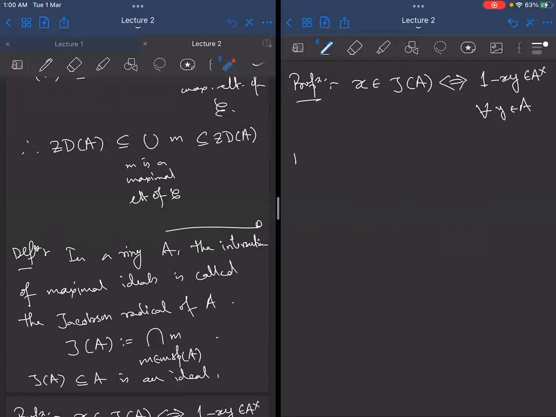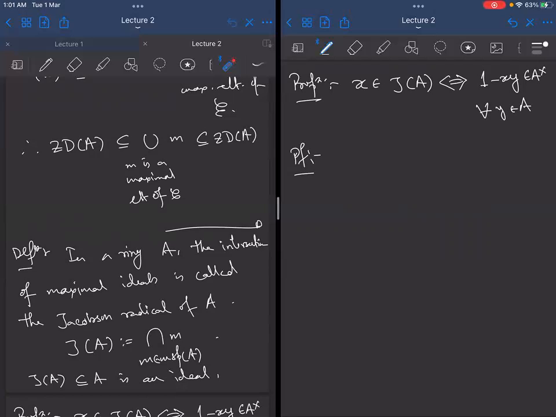Okay. So the proof, one part is very simple. If x belongs to the Jacobson radical, that means x belongs to every maximal ideal. Now, suppose some 1 minus xy is not a unit, then 1 minus xy must be inside some maximal ideal, and x is in that maximal ideal because x belongs to every maximal ideal.